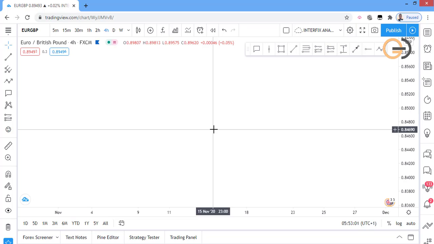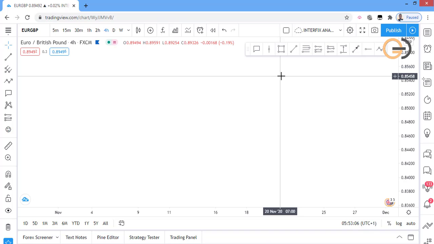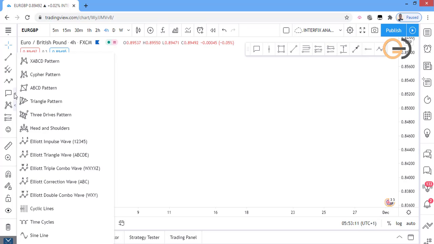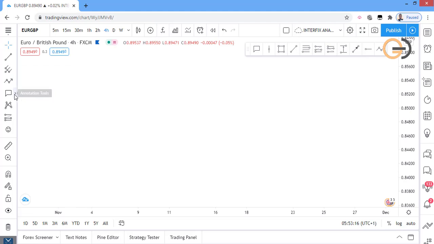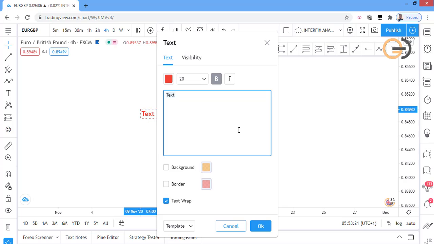So in this strategy, basically what we need is an understanding of support and resistance. So let me just write it out for you. Basic things that we are going to be talking about. We're going to be talking about support and resistance, talking about higher highs and lower highs.